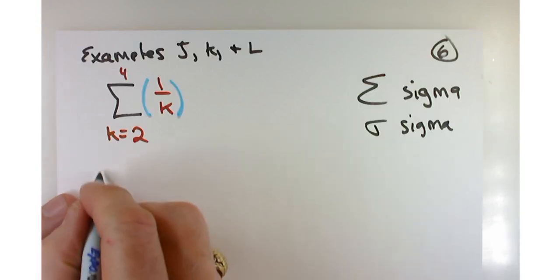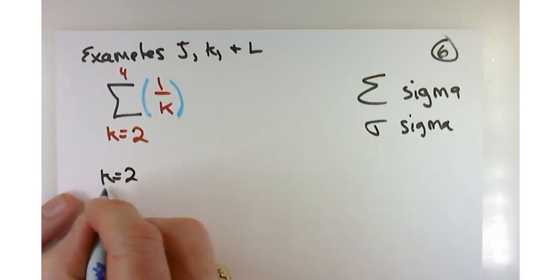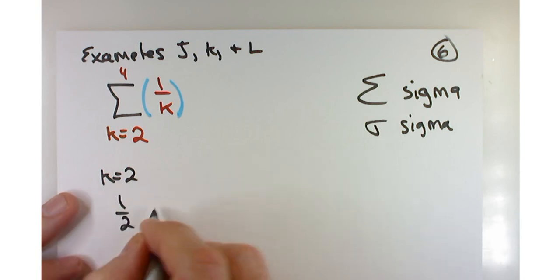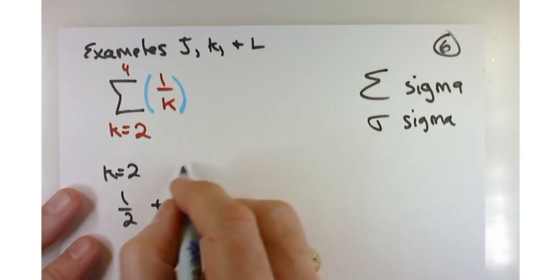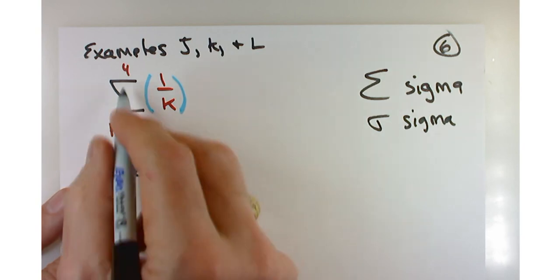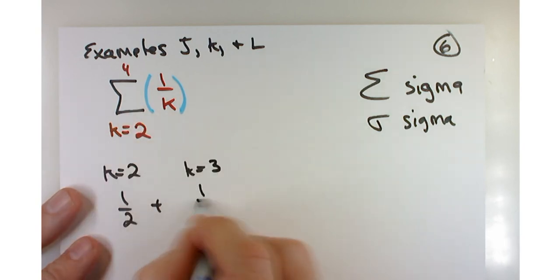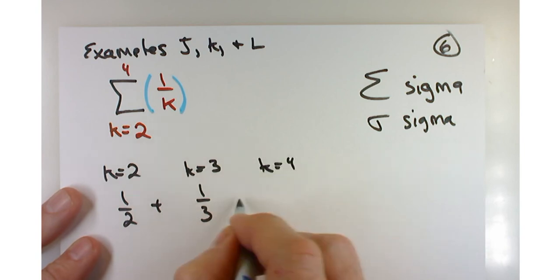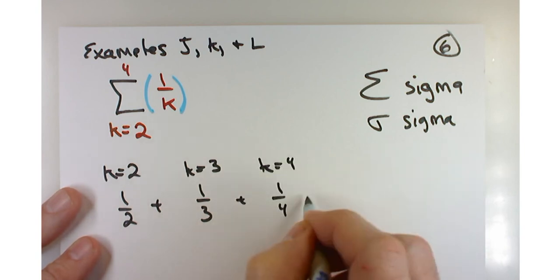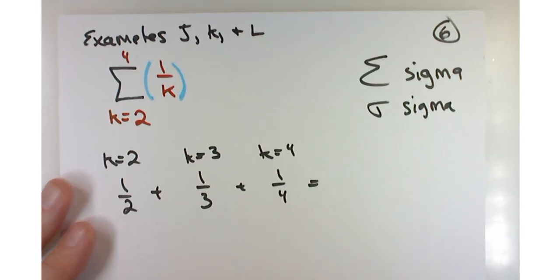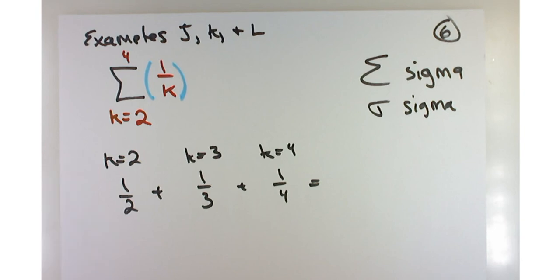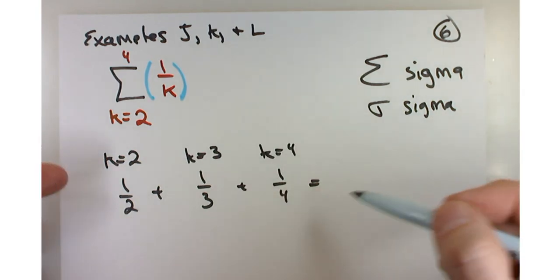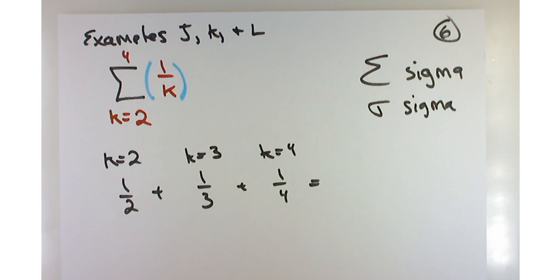So at k equals 2, I get 1 over 2 plus, and I'm going to keep going, k equals 3 gives me 1 over 3, and k equals 4 plus 1 over 4. And that's it. That's all they're asking you to do, is sum up these expressions.